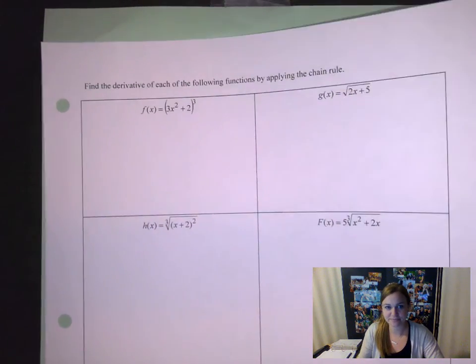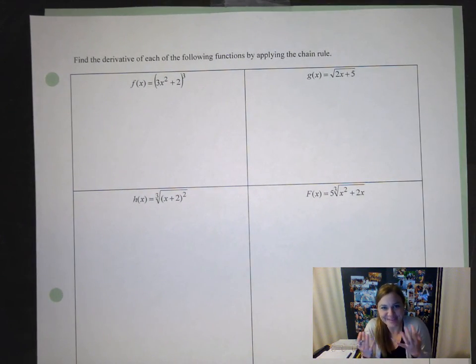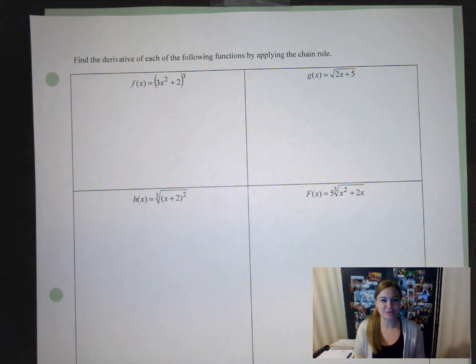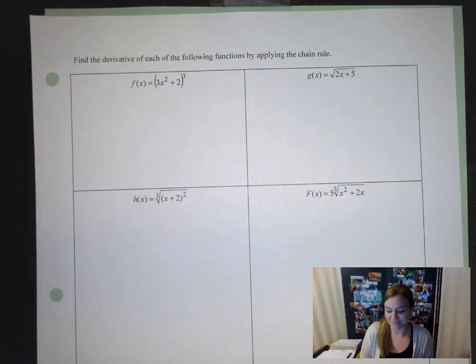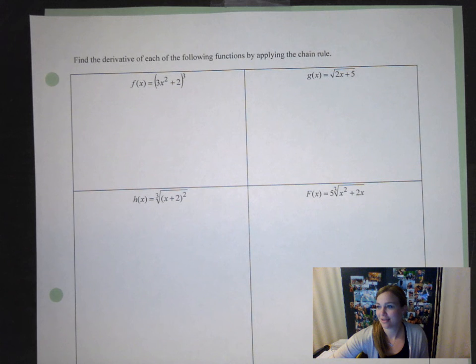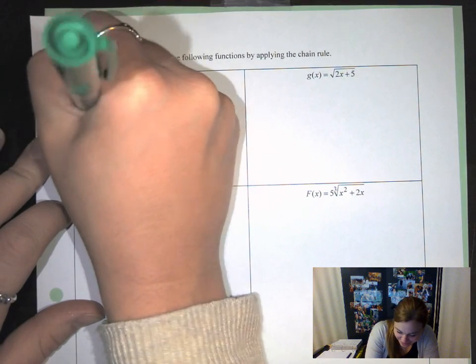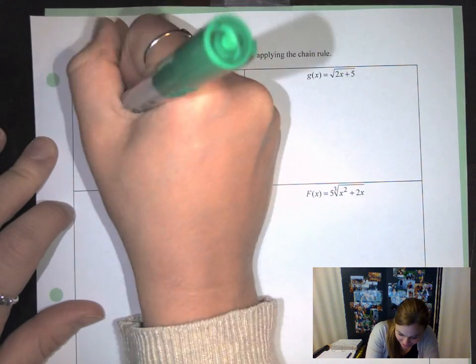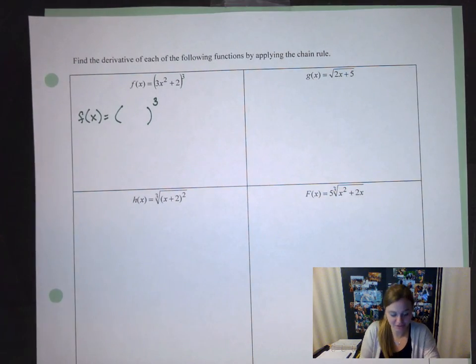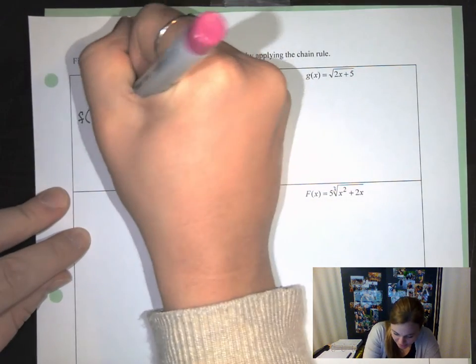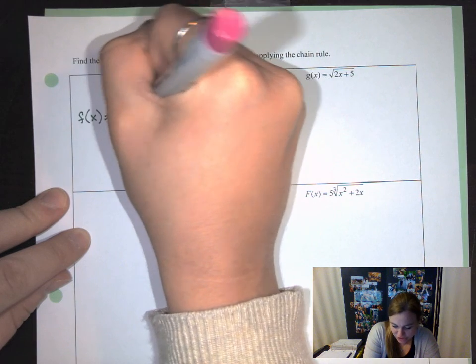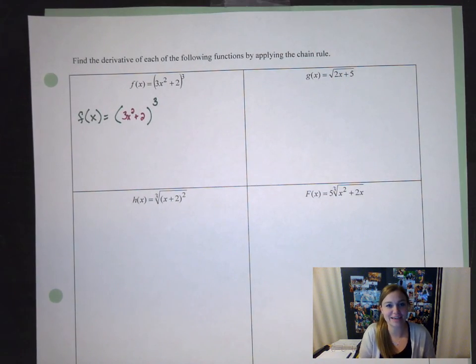So on the next page, there's a bunch of examples. So what you need to see is what function is within another function. So I'm going to write the outside function. I'm going to write f of x is the cubic function. 3x squared plus 2 is the function within the inside.